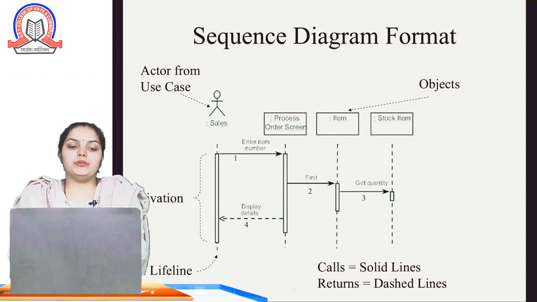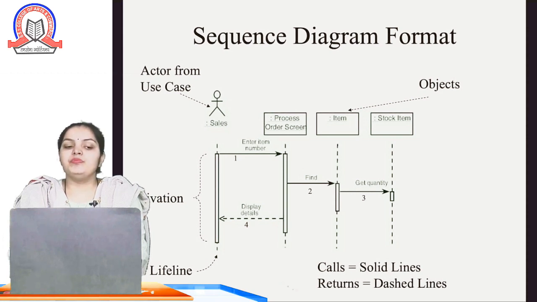So in this specific diagram you can see a salesperson or an actor entering a number of items in the process order, means this is a kind of software. So the process order screen is there.